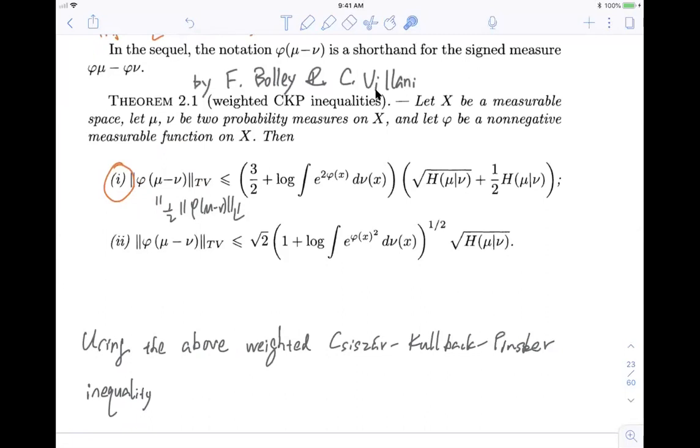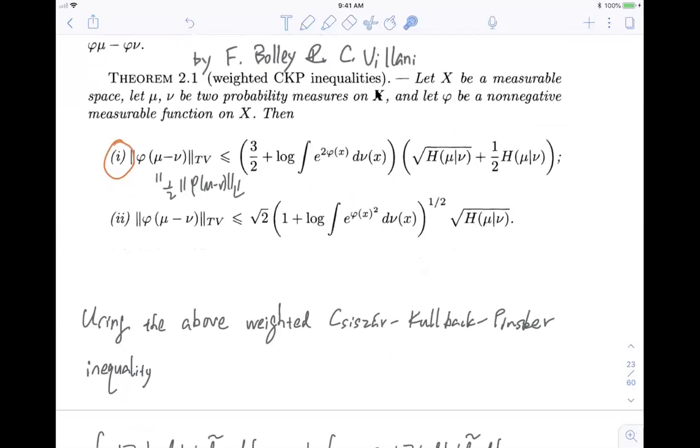So they have the weighted terms, given by the exponential integral of the weight, and there are also extra terms. We just use the first inequality.